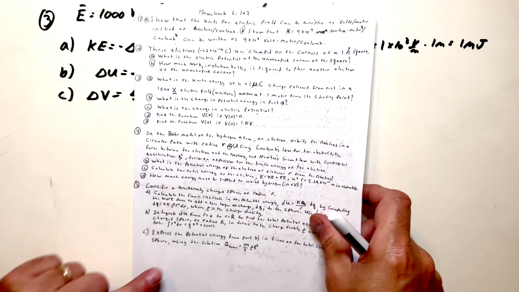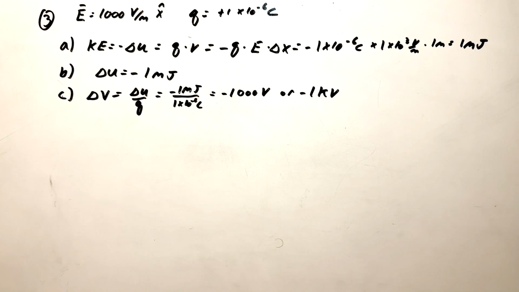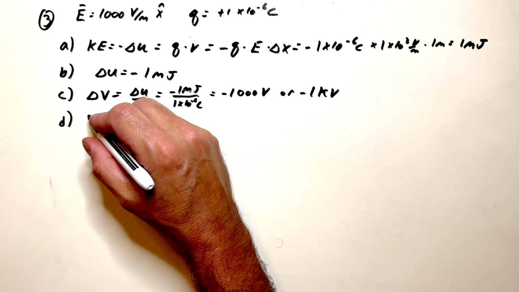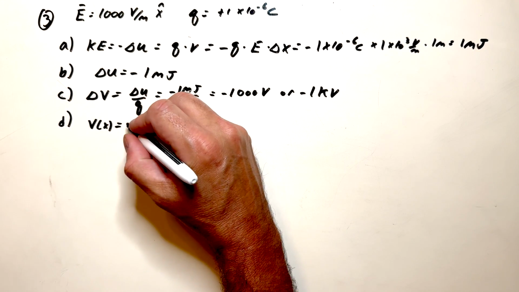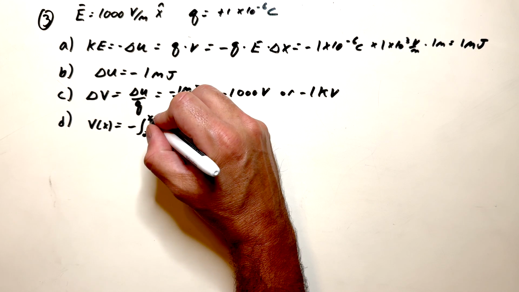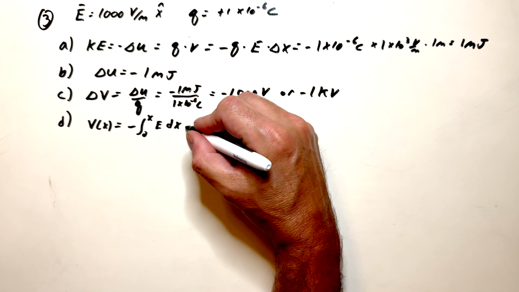All right, part D. Find the function V of x if V of 0 is equal to 0. Okay, so that is if at 0 the potential is 0. If that's our default position, then we would write that V of x is equal to minus the integral from 0 to x of E times dx.